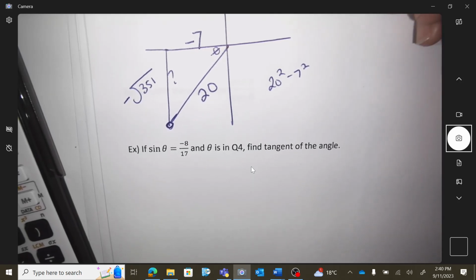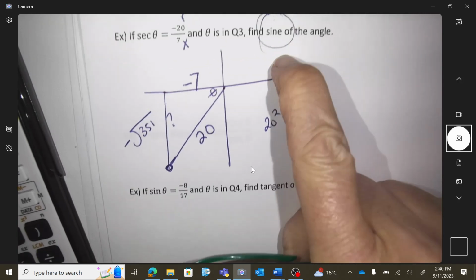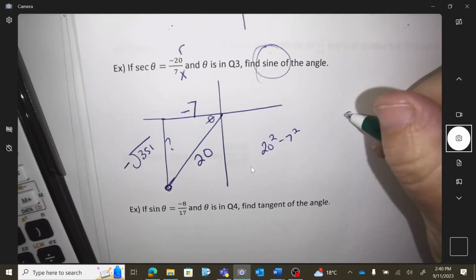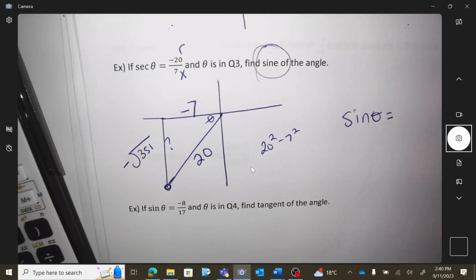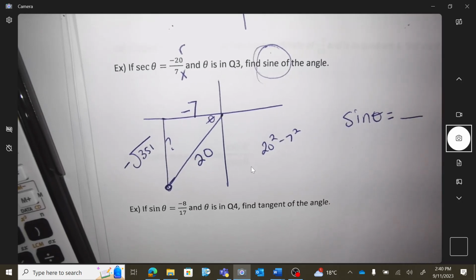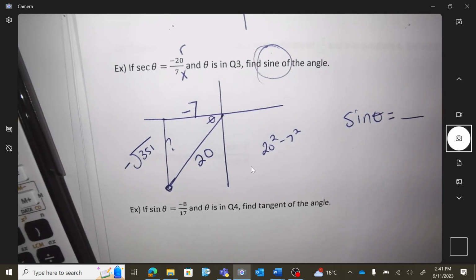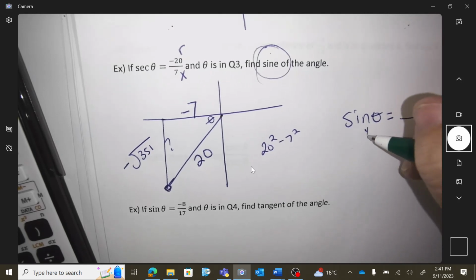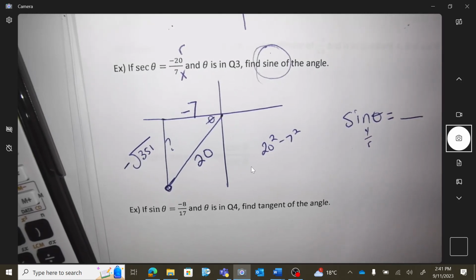And then the last part is to actually answer the question, find the sine. So sine theta equals what divided by what? I need a y and then an r, right? A y and then an r.